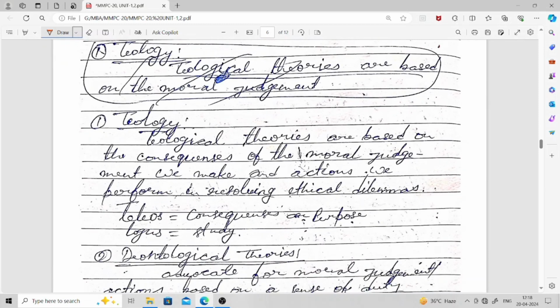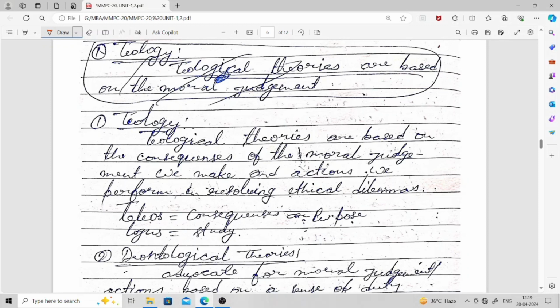Theological theories are based on the consequences of the moral judgments we make and the actions we take. Whatever judgments we make or actions we have taken, on the basis of what kind of consequences come, we can say what is right and what is wrong. We use consequences to resolve ethical dilemmas.